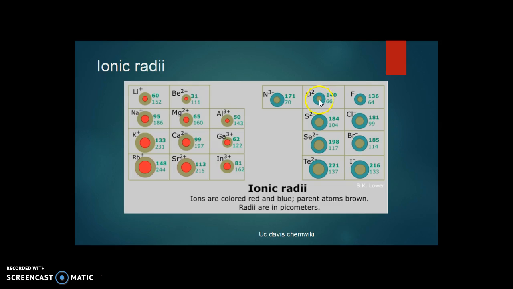You have the oxygen atom here and the oxygen ion there. The oxygen ion is much larger than the oxygen atom. So, when metals become ions, they get smaller. When nonmetals become ions, they get larger. That's a general rule that you might want to remember as you move into a test.